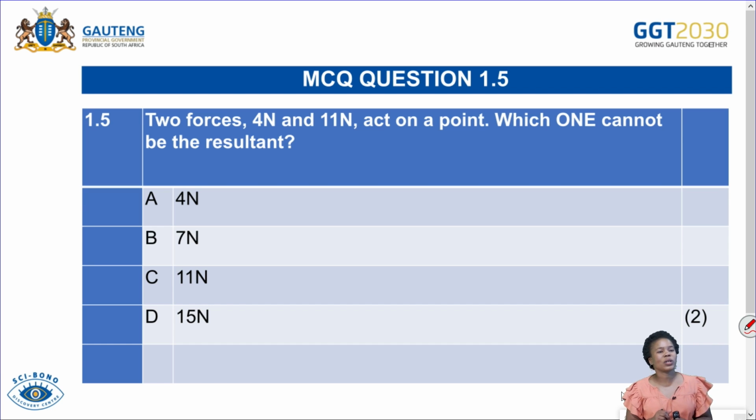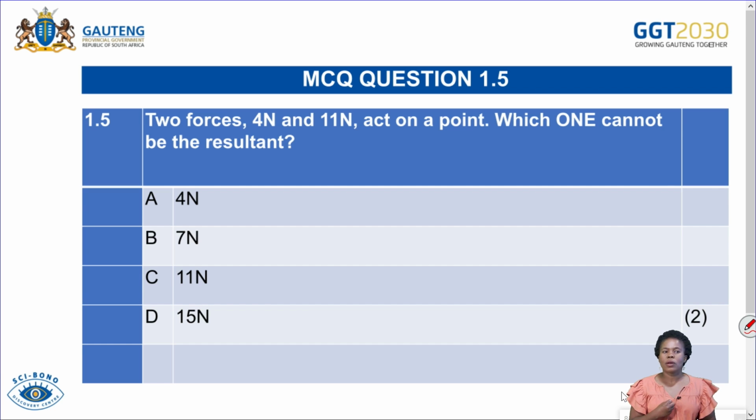Because in the question, it said which one cannot be the resultant. We are not looking for the resultant, but for the impossible, what can never happen. So you're looking for the smallest number, because the resultant will be the sum of all the forces, so it can never give you the smallest magnitude, as we're given the magnitude only.